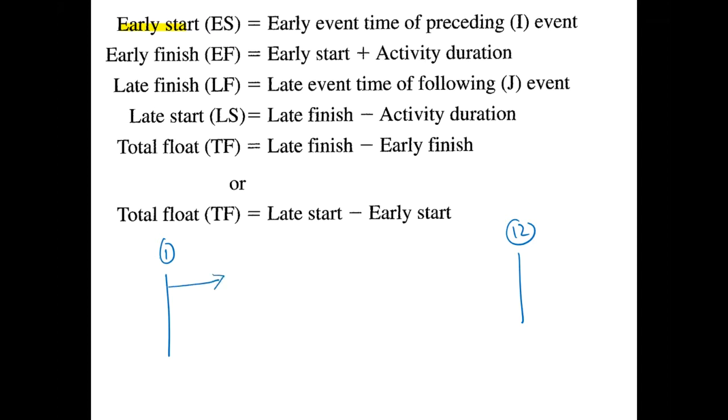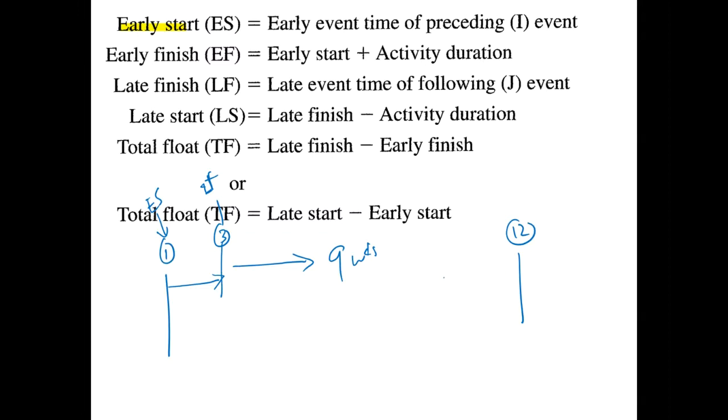So you could start right from the word go in week one, and maybe by week three, you would perhaps be done and dusted. So in this particular example, your early start is week one, and your early finish will be week three, and you will have a float of 9 weeks where you could possibly improve this work.